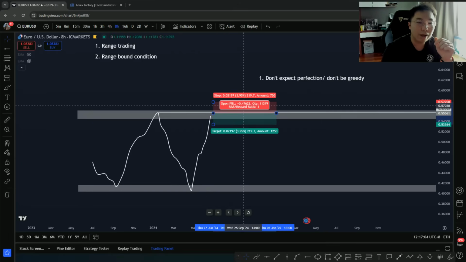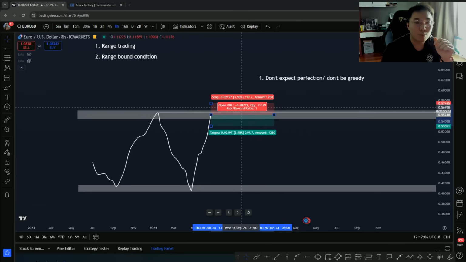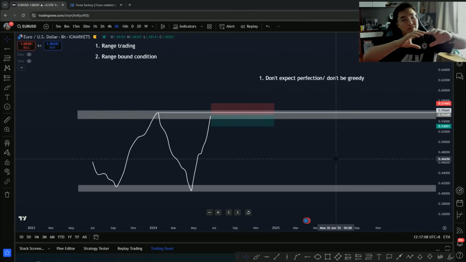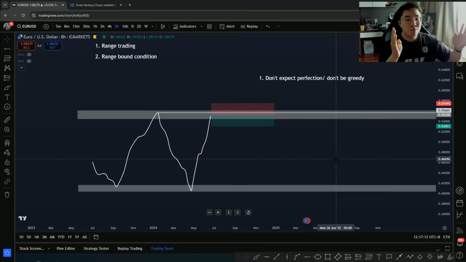So one rule I always discuss is, when you have a zone, a very mechanical way to ensure that every single time you put on a limit order is consistent is to enter at the midpoint of the zone. That's at least what I've been doing for a very long time, for many years.